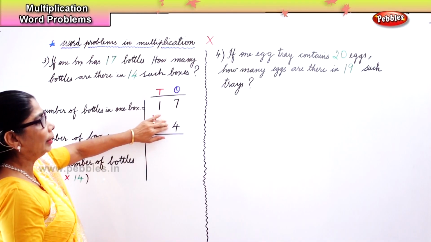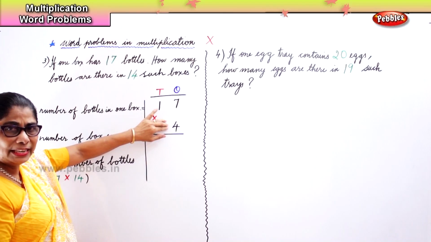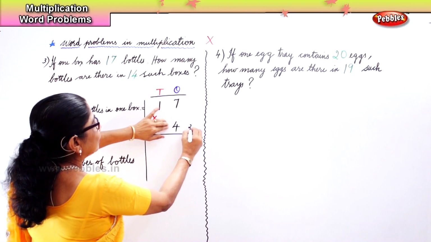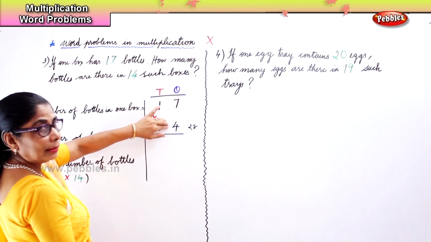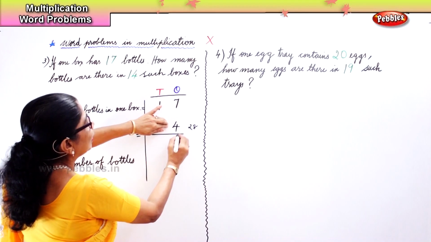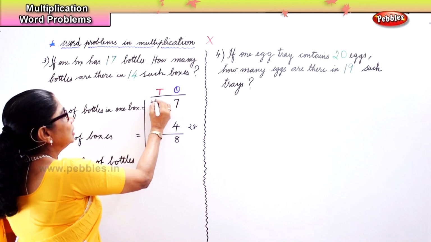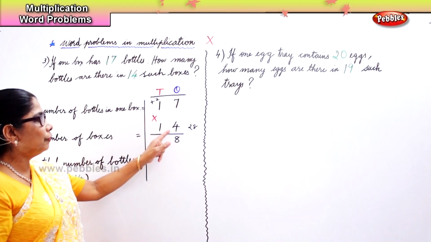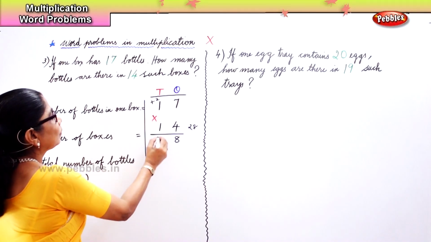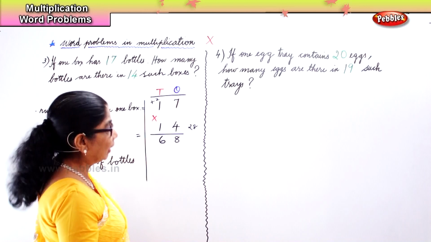Forget about the 1. We are going to multiply first 17 into 4. 7 fours are 28. You write the 8 here and you write plus 2 here. Now 4 ones are 4. 4 plus 2, 6. So your first part of the multiplication we have done.